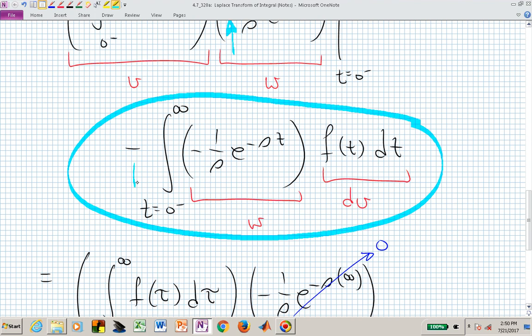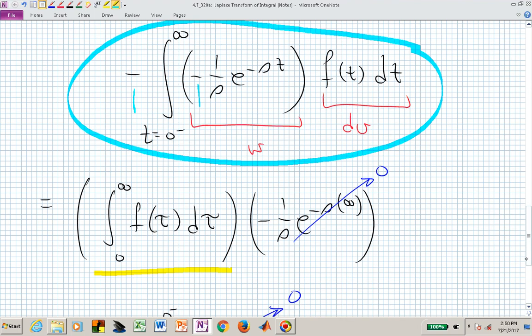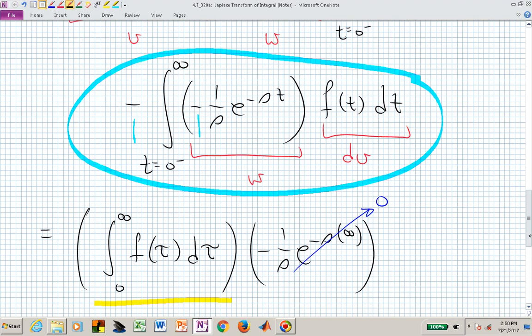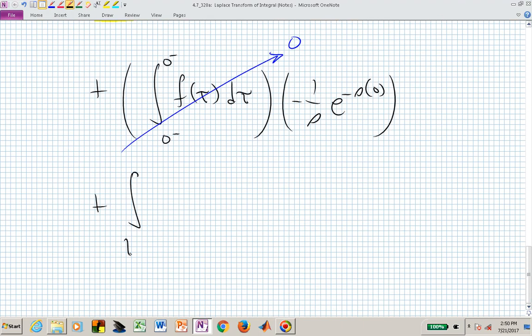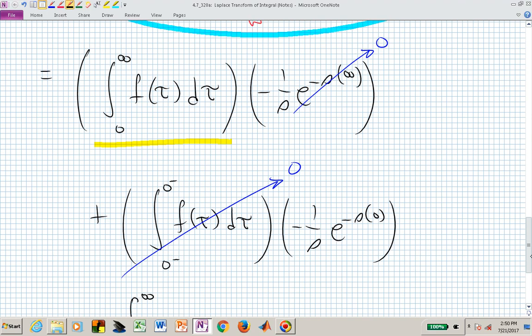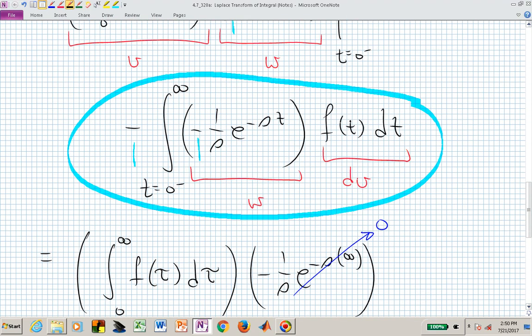We can combine the two negative signs, or factor out the interior negative sign, and we end up with plus this integral from t equals 0 minus to infinity. In fact, we can factor out the 1 over s because that's not a function of time t.